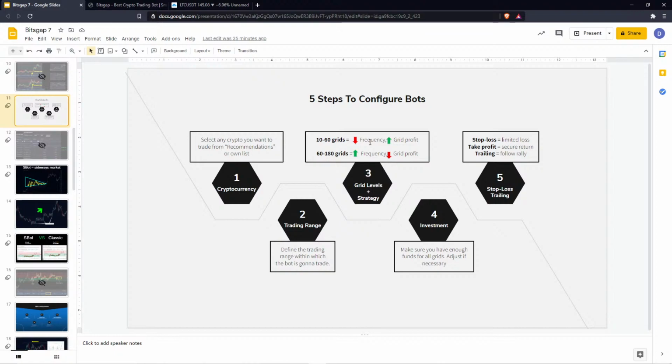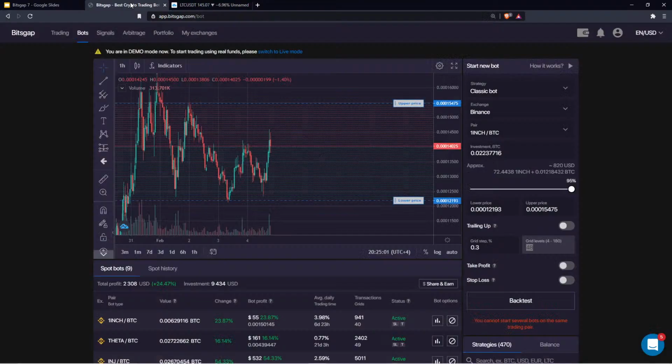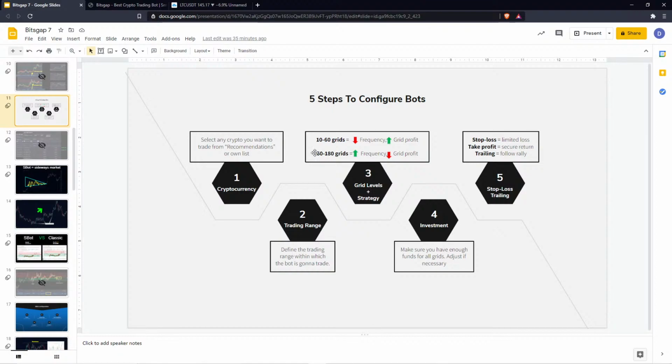And now is the time to select the grid levels amount. So as a rule of thumb, if you want to have more than 60 grid levels, see now I have 48, up to the possible maximum of 180, then this is what I call the high frequency trading setup, because having more than 60 means that your frequency rate of trading significantly increases, but the grid profit diminishes.